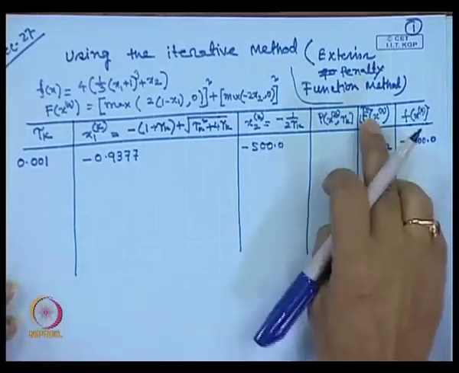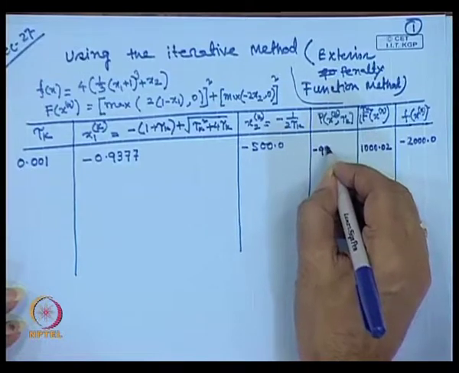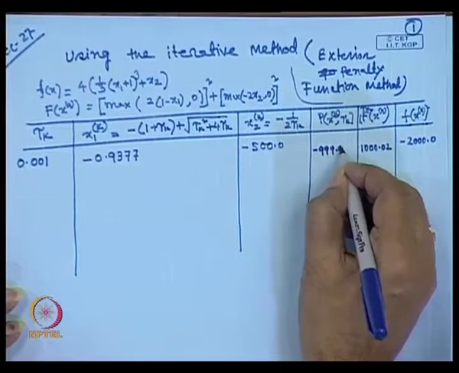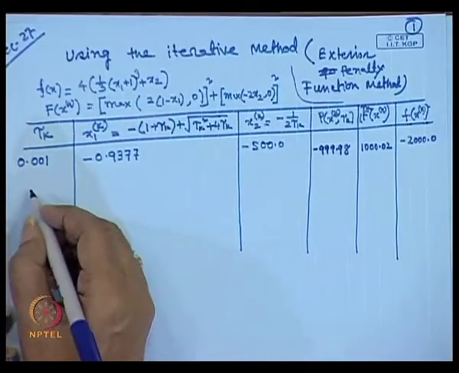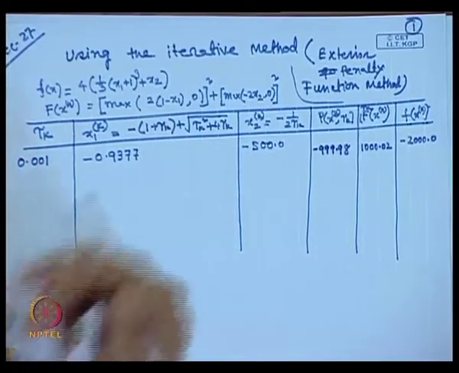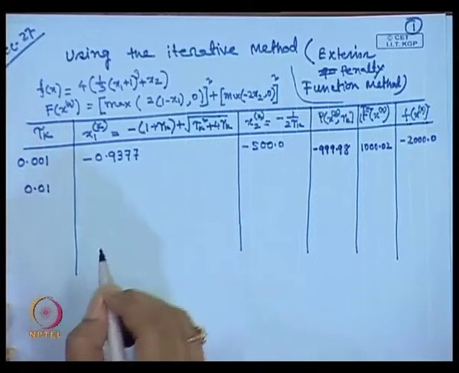Then this plus this will be 99.86, but minus sign again. Again 10 times of this one, 0.1.